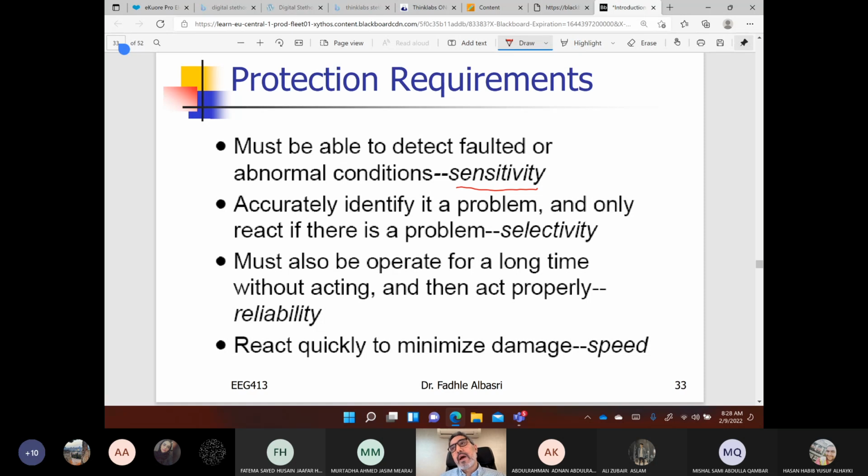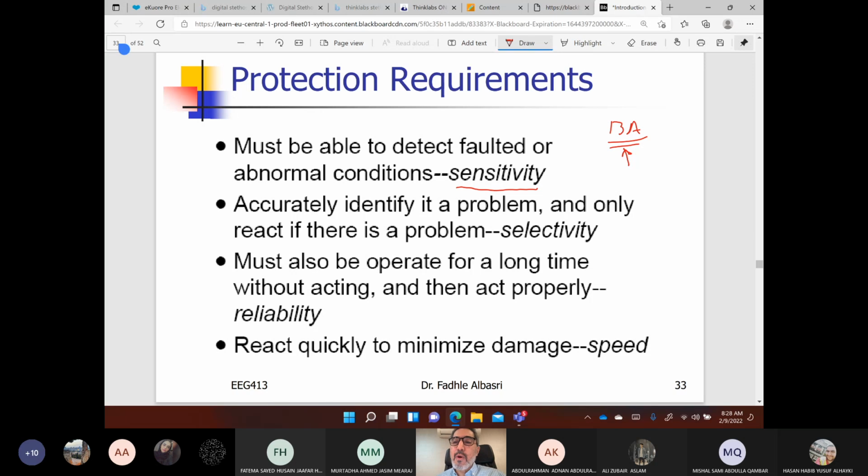Now, I can give an example. Suppose you have a fuse, okay? And a fuse in our plugs is 13 ampere. To check its sensitivity, what's the minimum current required for this fuse to blow, to open? This is the degree of sensitivity.